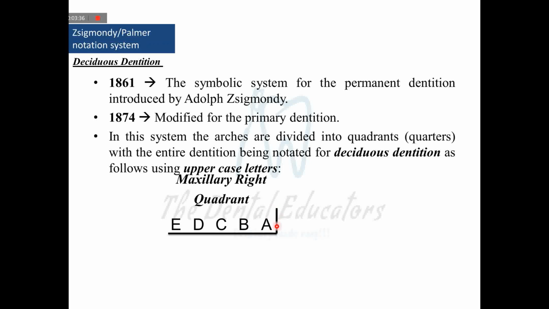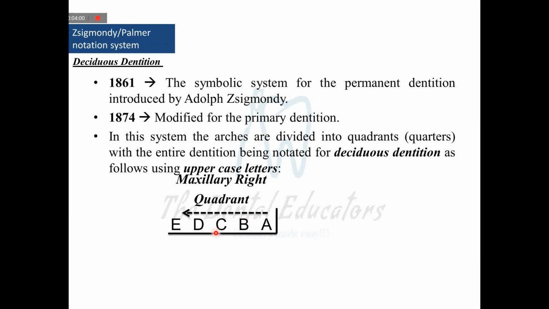So if we make a midline in the center, after that we mark the first maxillary central incisor as A inside this symbolic representation, whereas the next tooth is represented as B, that is the maxillary lateral incisor of the upper right quadrant.